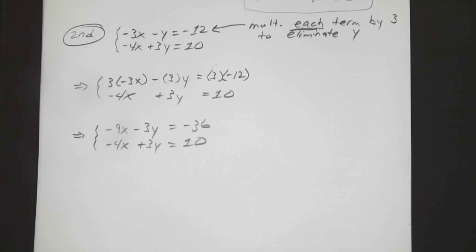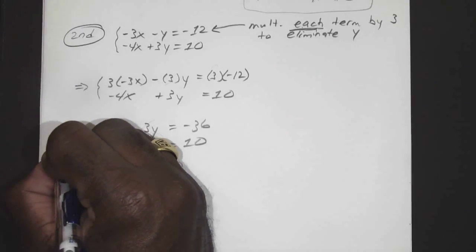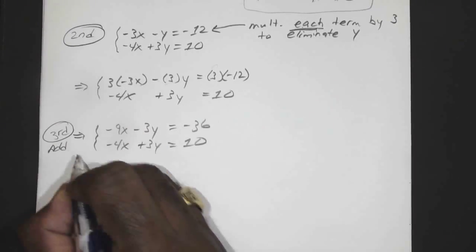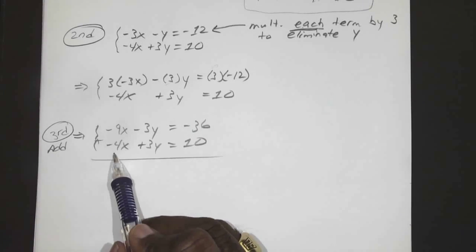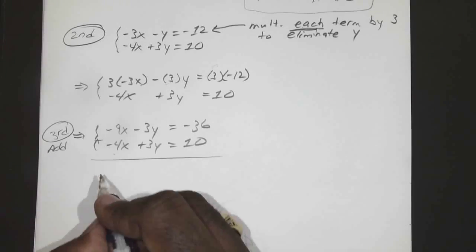Okay. So now if you want, you can go ahead and just add it from right there. So you have negative 9x minus 4x, which is negative 13x.